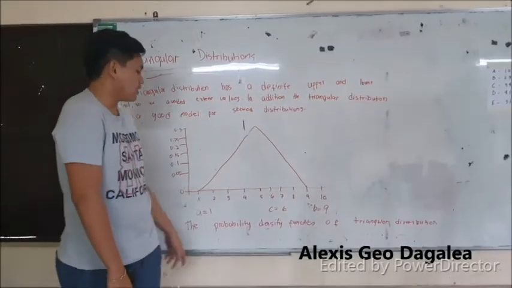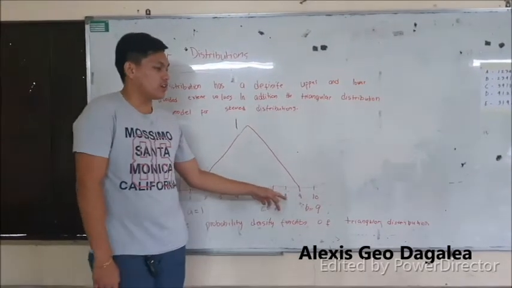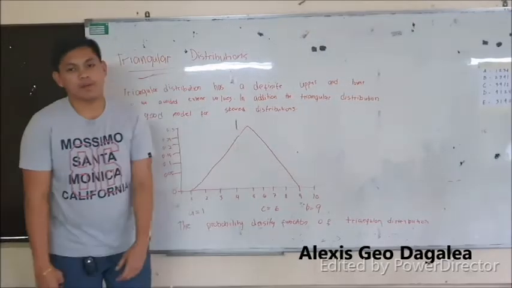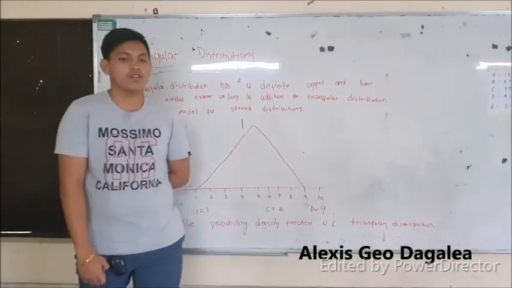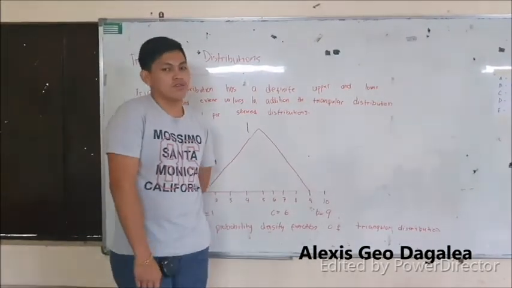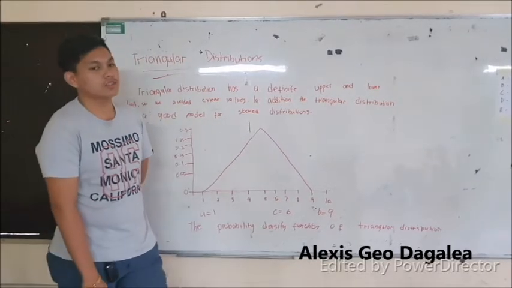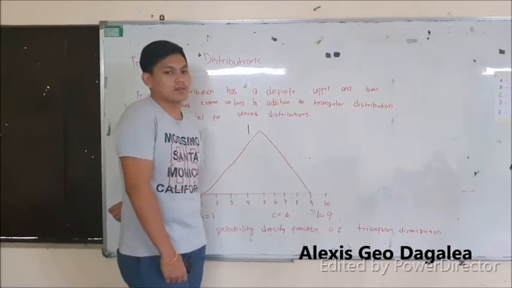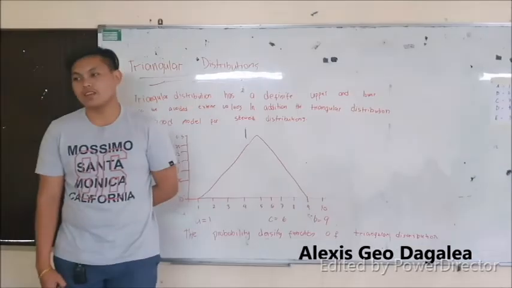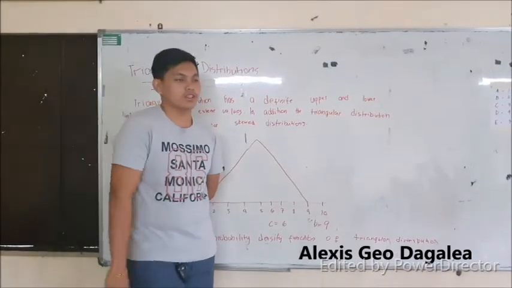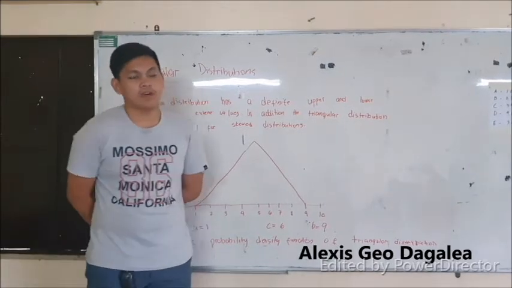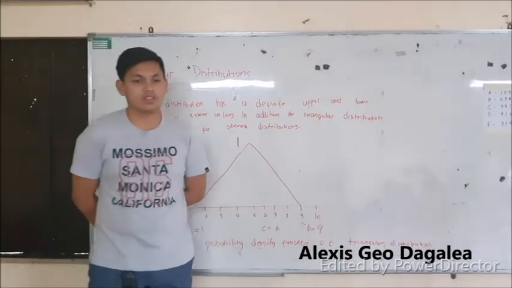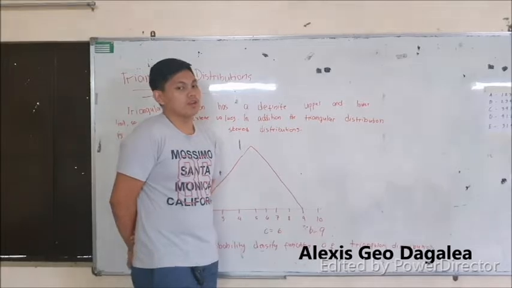All probability density functions of the triangular distribution have the property that the area under the function is 1. For the triangular distribution, the property implies that the maximum value of the probability density function is 2 over b minus a. It occurs at the value of c.